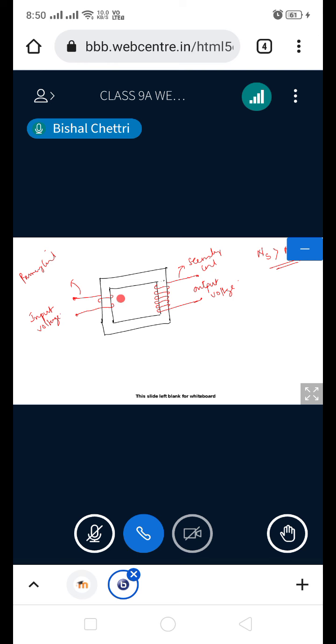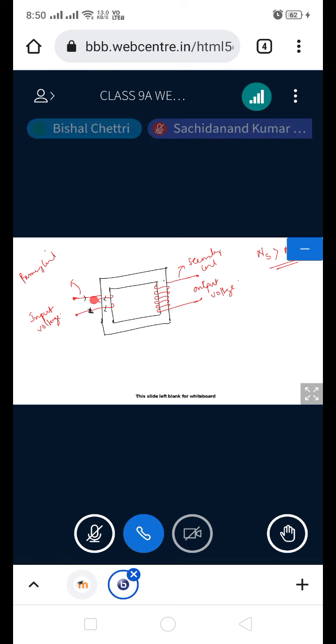So if you look over here, when you put the input voltage over here, the current starts flowing through this coil or not? Yes, sir. Correct. So when the current starts flowing through this primary coil, it will produce what?